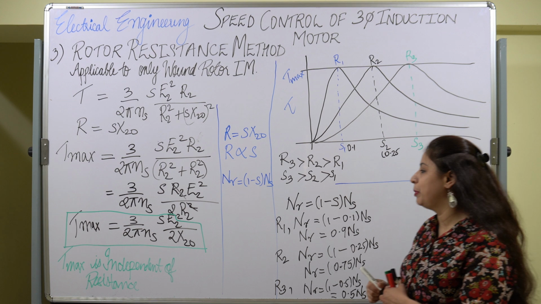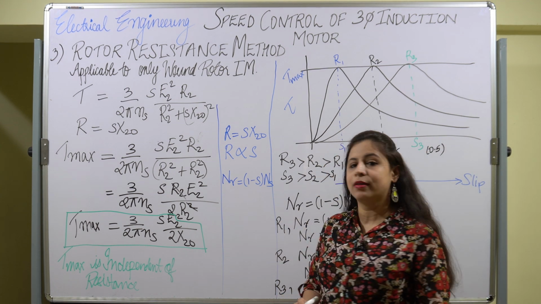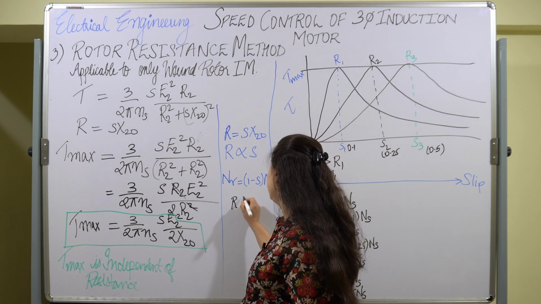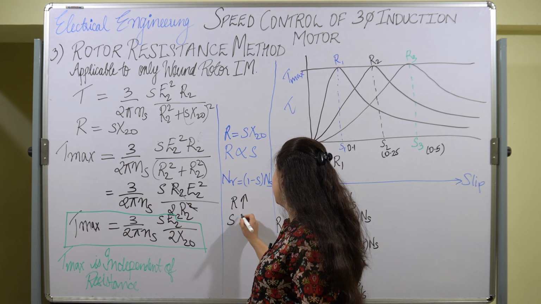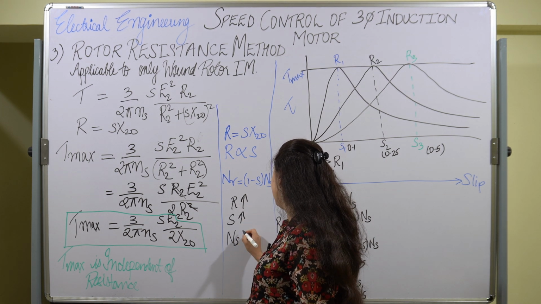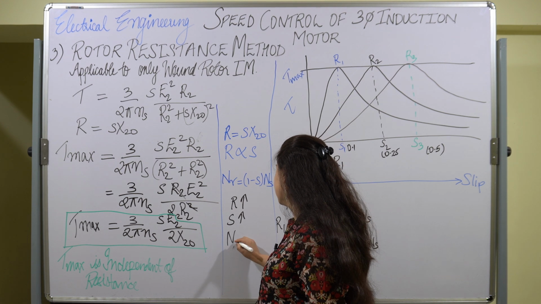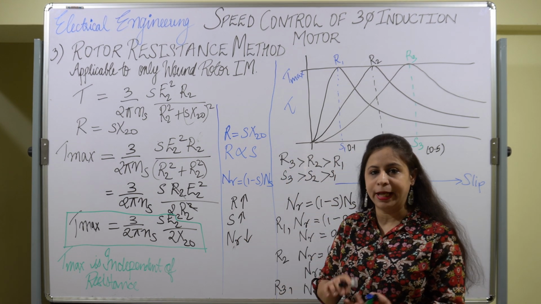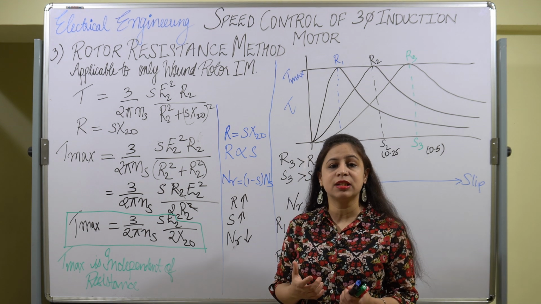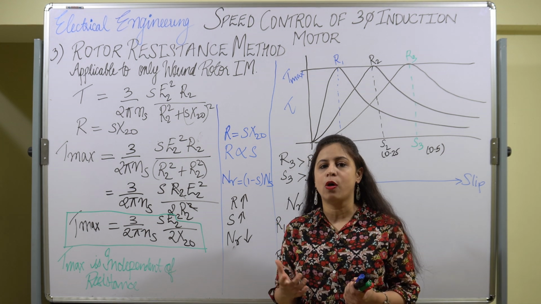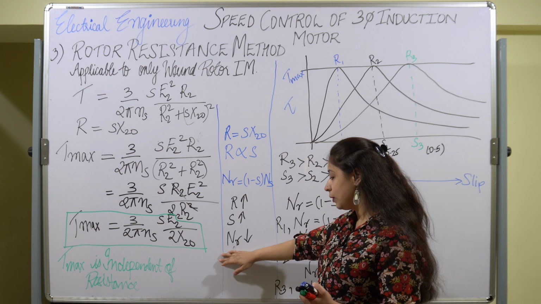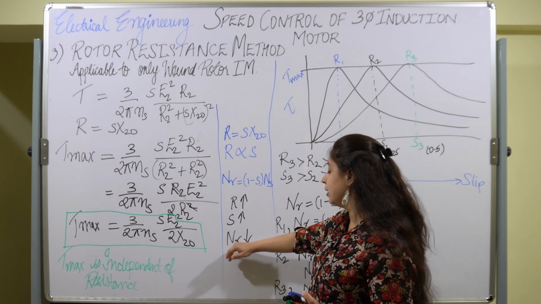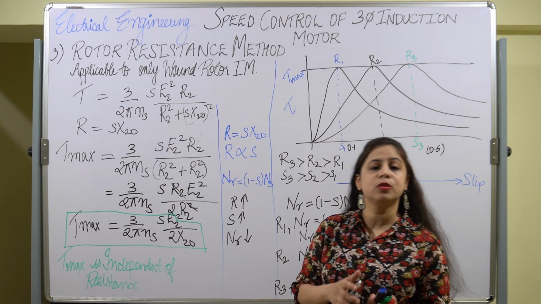So ultimately my speed is decreasing. With the increase of resistance my slip increases, but my speed decreases, so when increasing the resistance, we can attain maximum torque even at the low speeds.